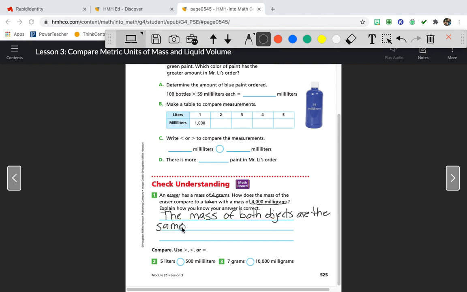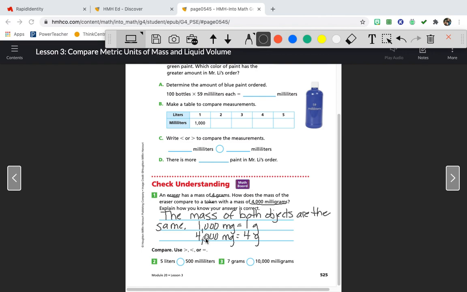And now we need to be able to explain. How do we know that? We know that there are 1,000 milligrams in 1 gram. So if there are 4,000 milligrams in the token, then there are 4 grams in the eraser. So 4,000 milligrams equals 4 grams.